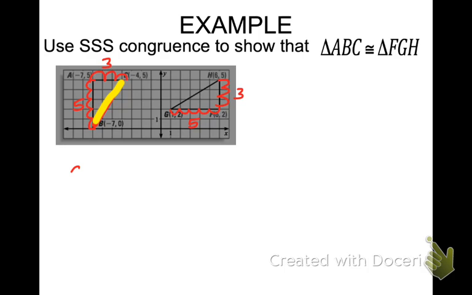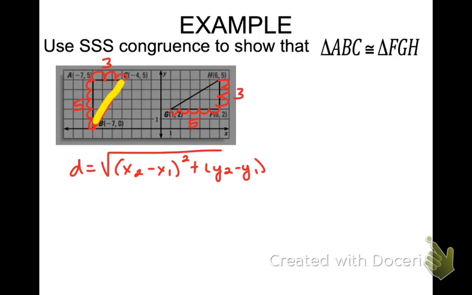But if we use the distance formula, remember the distance formula is equal to the square root of x sub 2 minus x sub 1 squared plus y sub 2 minus y sub 1 squared. Let's call this x1, y1, and negative 7, 0 can be x2, y2.